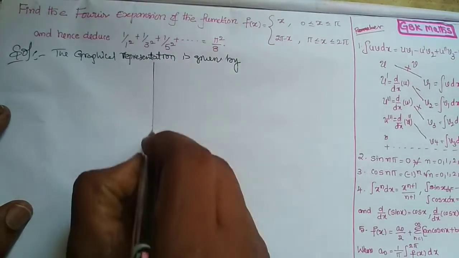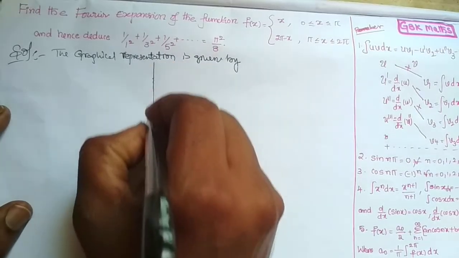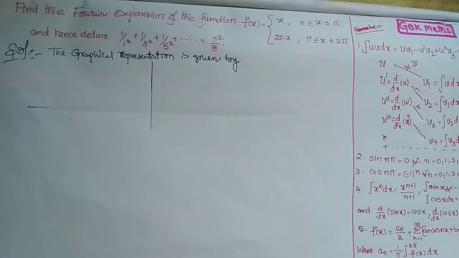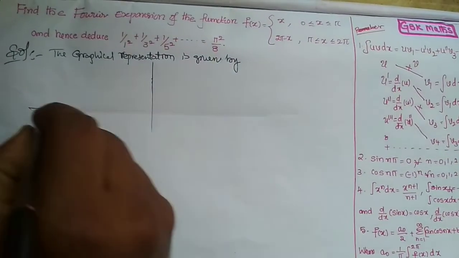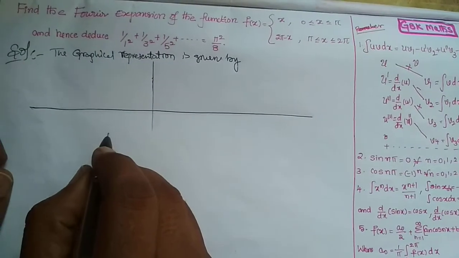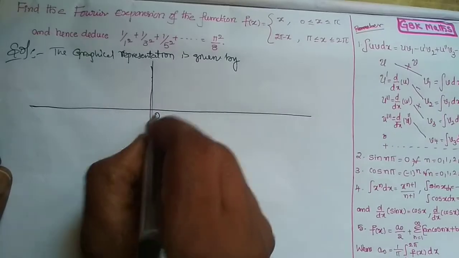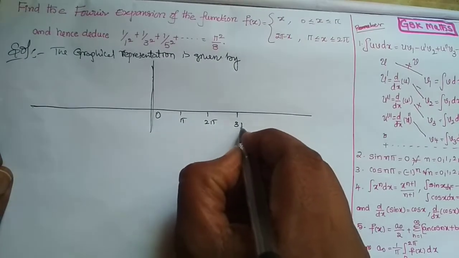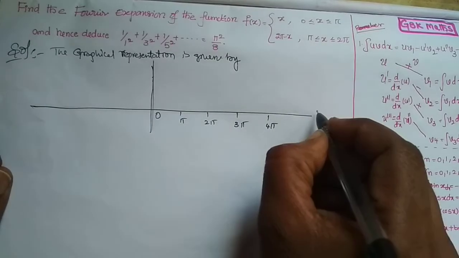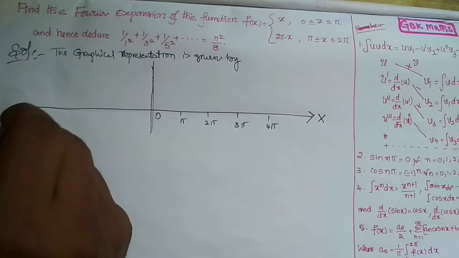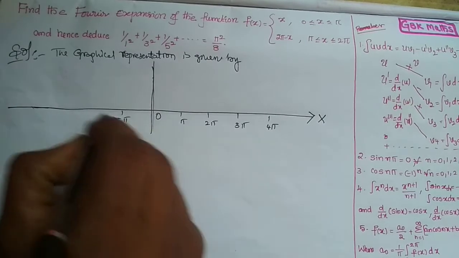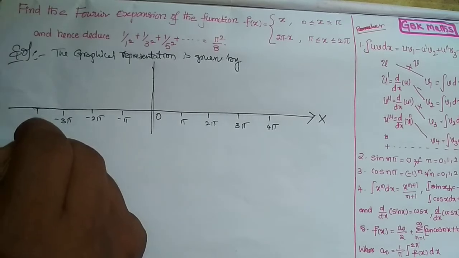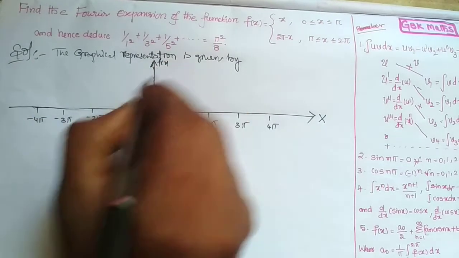Let us take the graph: this is 0, pi, 2 pi, 3 pi, 4 pi on the x-axis, and this is minus pi, minus 2 pi, minus 3 pi, minus 4 pi. So this is f of x.